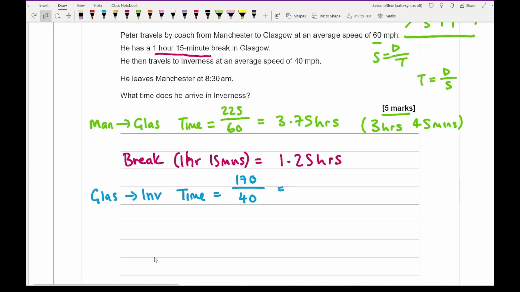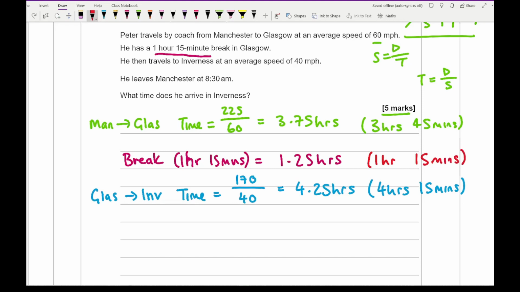So 170 divided by 40 gives me an answer of 4.25 hours. That in hours and minutes is 4 hours and 15 minutes. For the break, 1.25 hours is 1 hour and a quarter, so it's 1 hour 15 minutes.